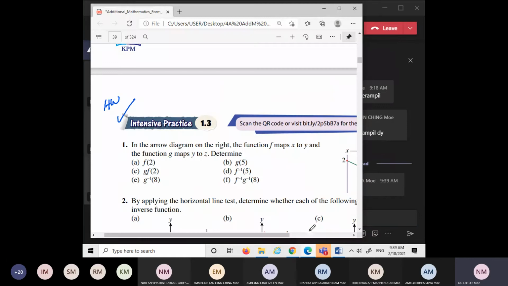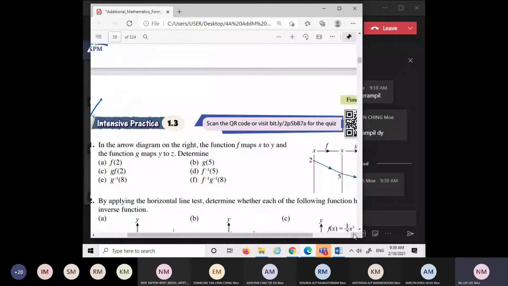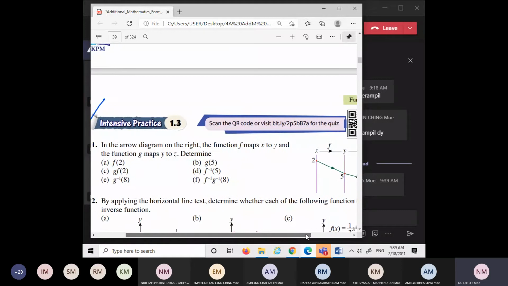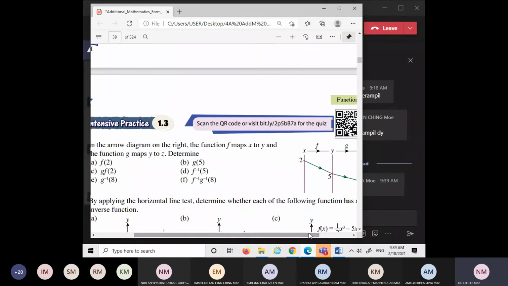Okay, so you type your answer. The rest listen also. Look at this. In the arrow diagram on the right, the function f maps x to y and the function g maps y to z. That means f(2), what's your answer?